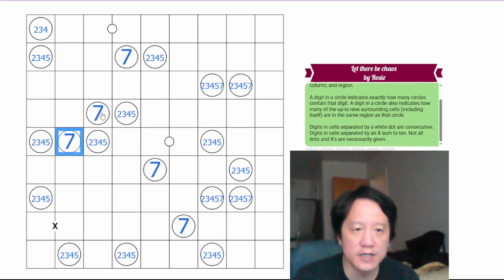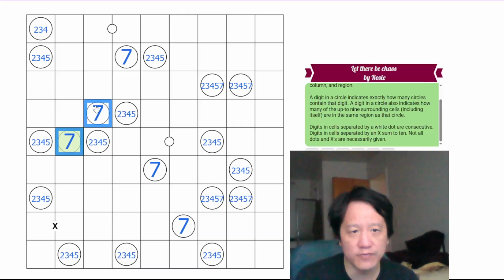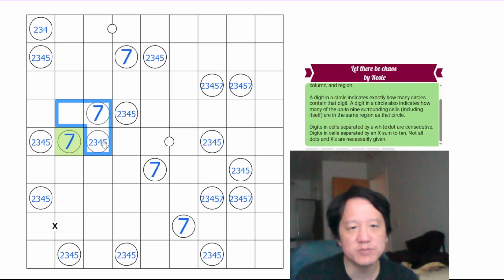These obviously cannot be part of the same region. So one region we're having here, so we'll make this green, and these are obviously part of different regions, and these must split. One must be part of this region and one must be part of this region.